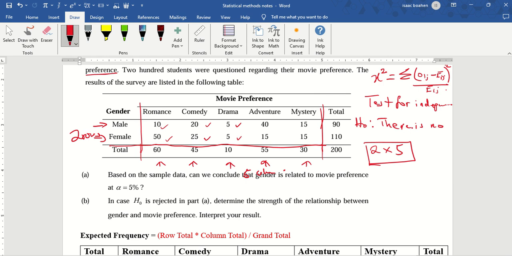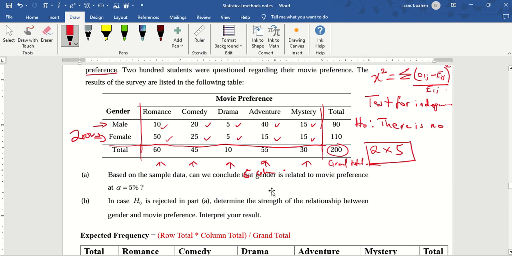Take note of that. These are their totals. And this 200 is called the grand total, or the overall total.